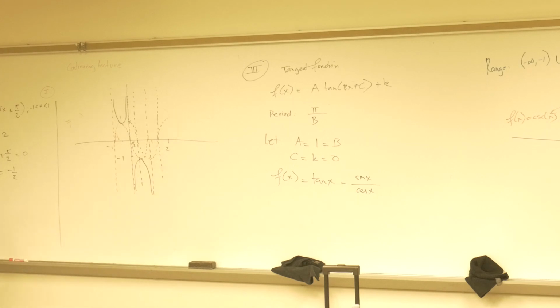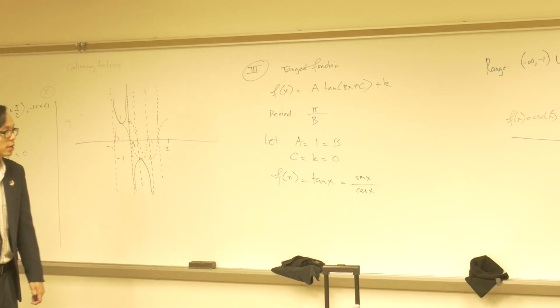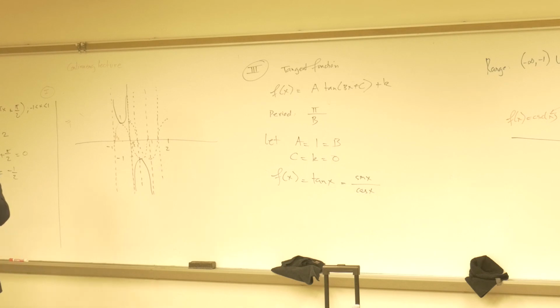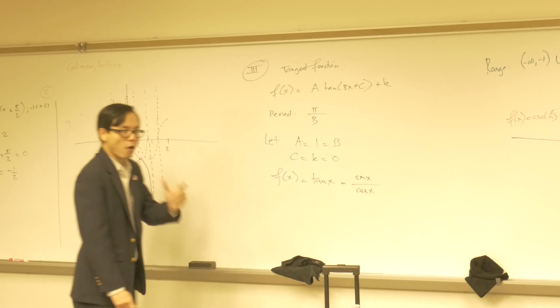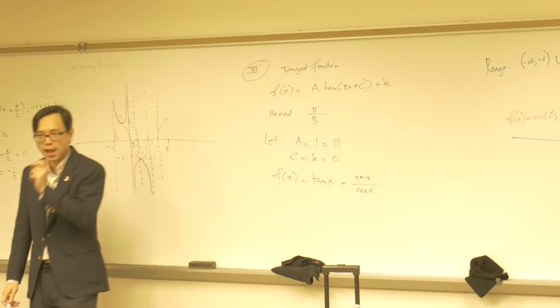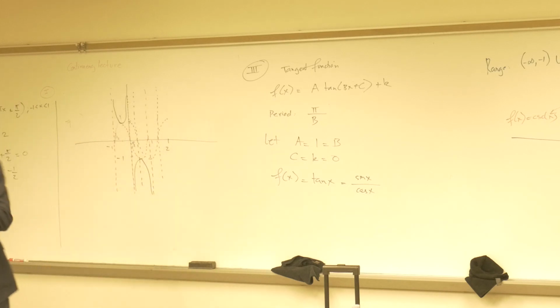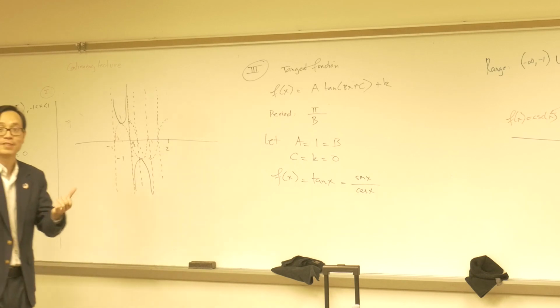Now I realize that the tangent function is also in fractional form. Every time a function is in fractional form, you have to consider the values that make the function undefined. So the domain is not from negative infinity to positive infinity anymore.